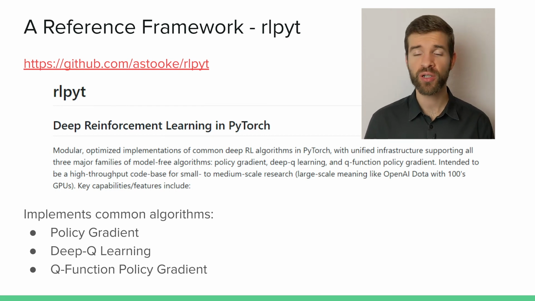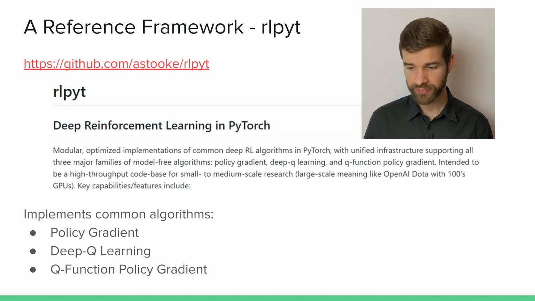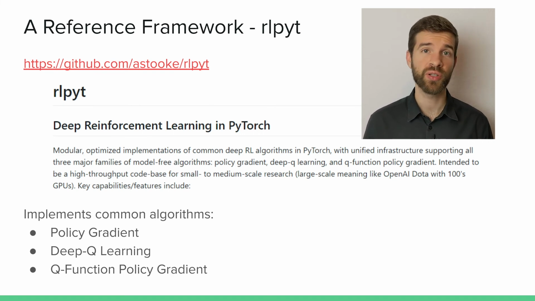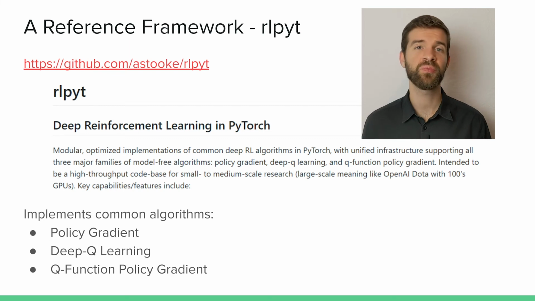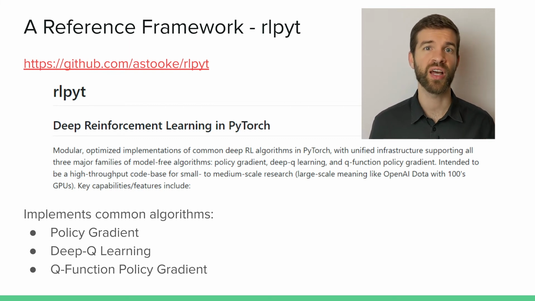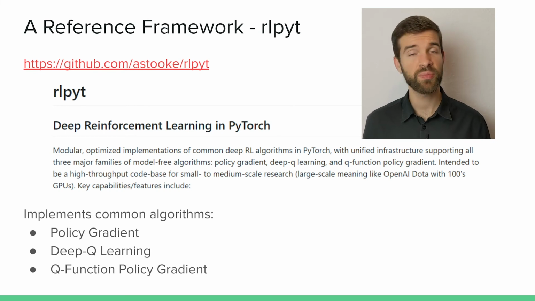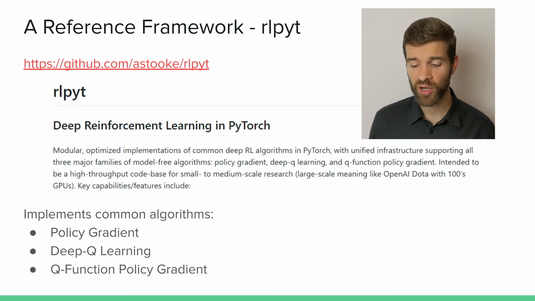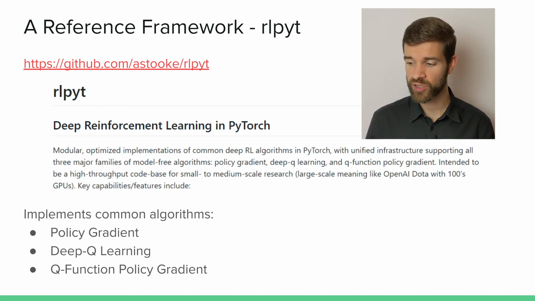Another reference framework that I find particularly useful for reinforcement learning is RLPyt, which is a modular implementation for deep reinforcement learning in PyTorch. And you can play around because they already implemented many of the algorithms that are really popular here, like policy gradient or deep Q-learning that we've seen before, and a lot of other functions and algorithms that belong to this family of reinforcement learning.